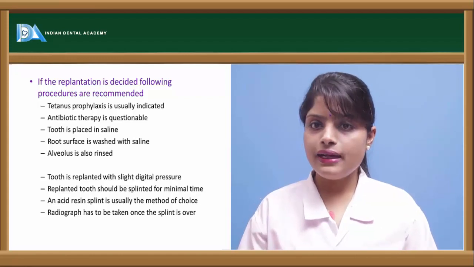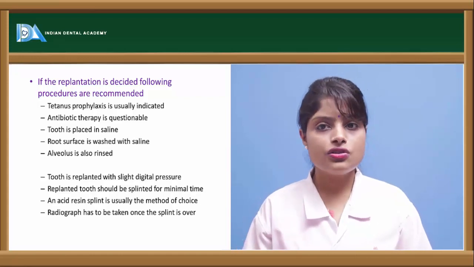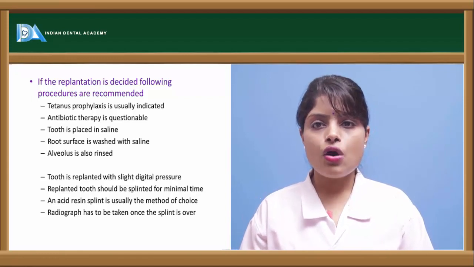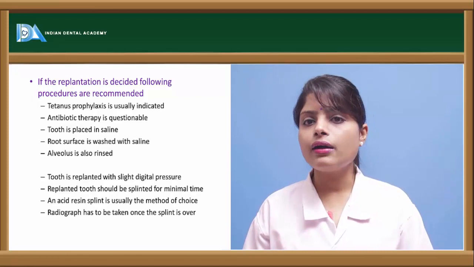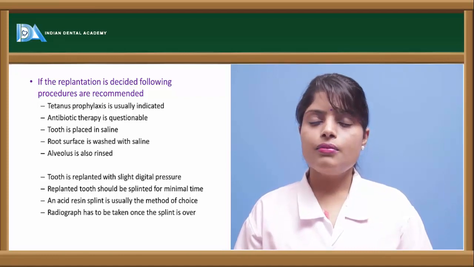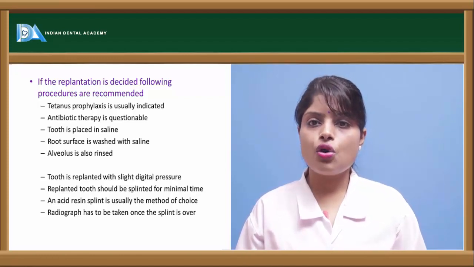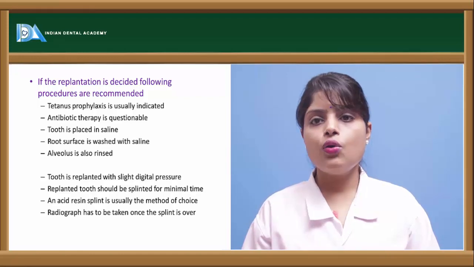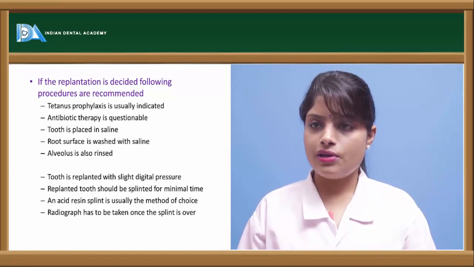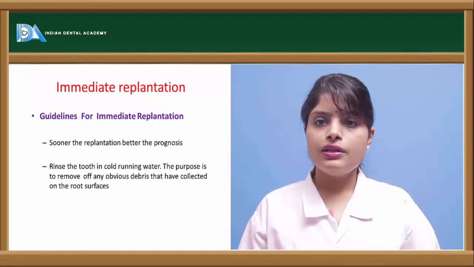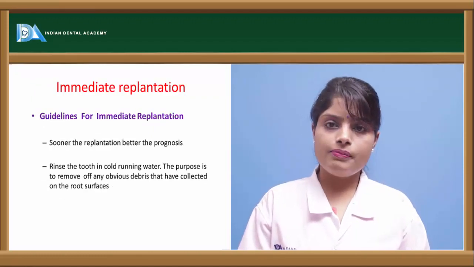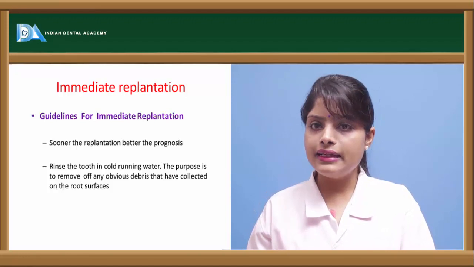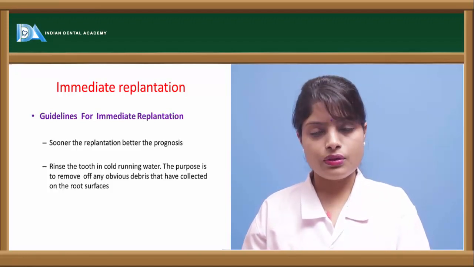The patient should be instructed to take only a soft diet during the entire treatment procedure, even after going back home, and brushing with soft toothbrushes, and an oral mouth rinse should be prescribed. Now there are various types of reimplantation, that is immediate reimplantation and delayed reimplantation.